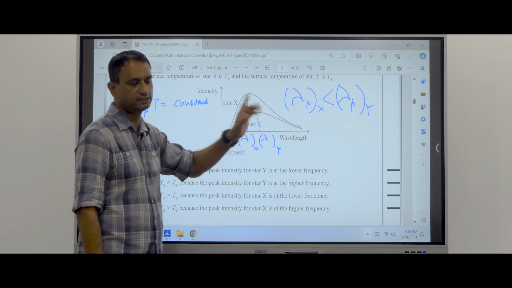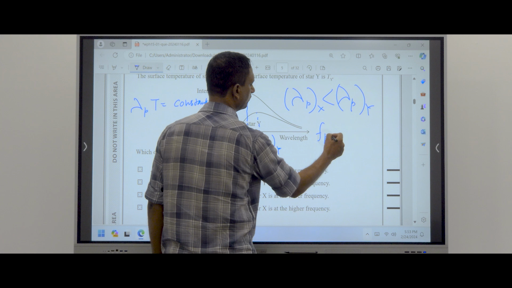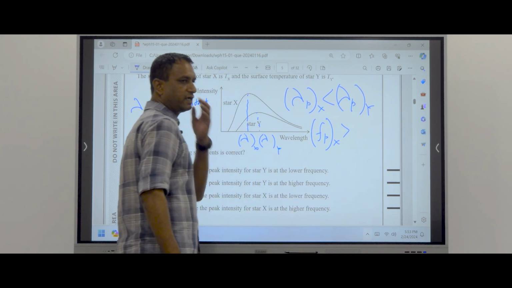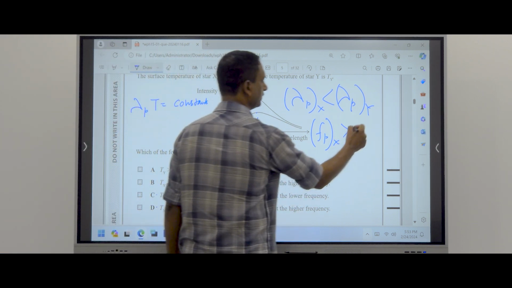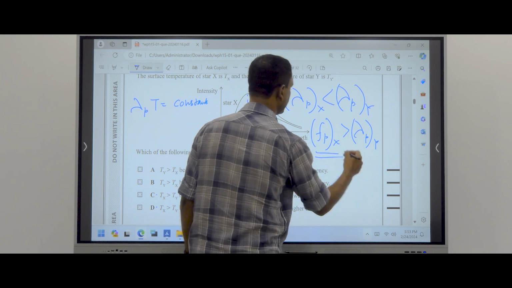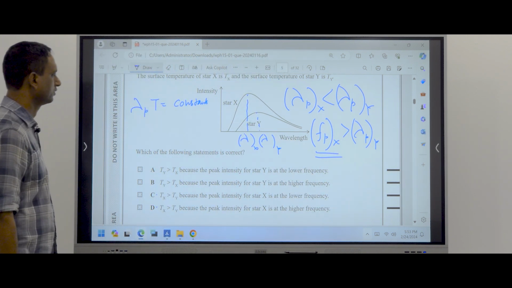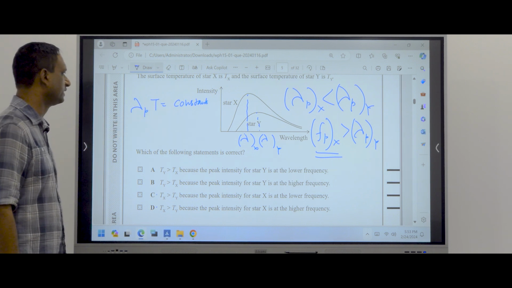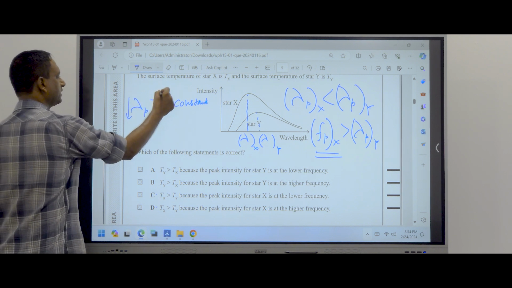Then lambda p x is less than lambda p y, therefore the frequency of x is greater, since frequency is inversely proportional to wavelength. Using this equation you can say that when the lambda p value is less, temperature is high.